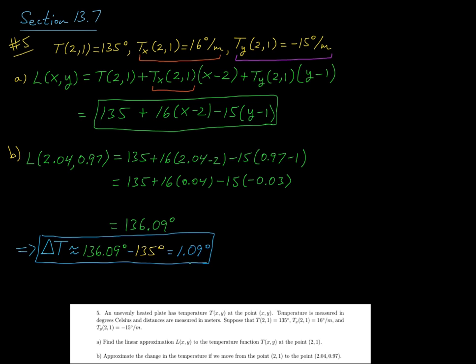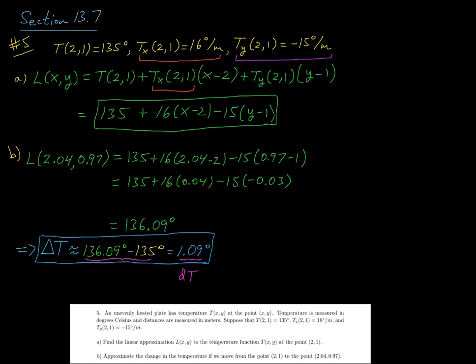But I do want to point out one thing here, just in light of some other things we've been talking about. This thing that we just found, the 1.09 degrees, is really just dT. In other words, we just computed the differential change in our temperature as we move from our base point to this new point. And why is that? Well, let's go back up to this expression here.